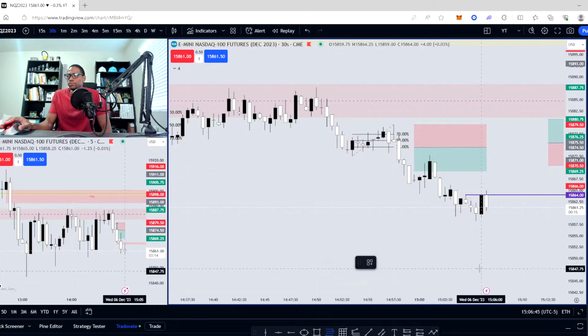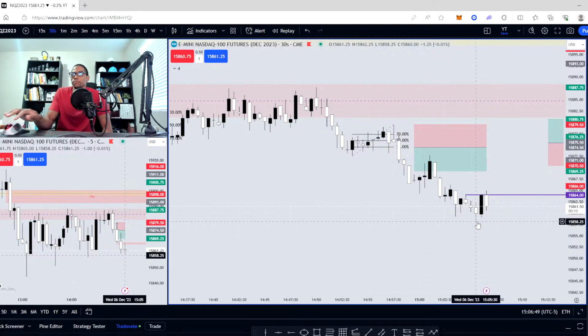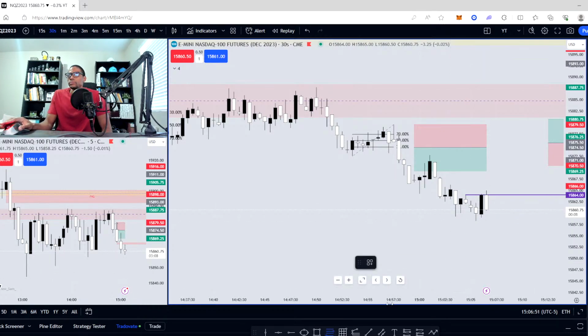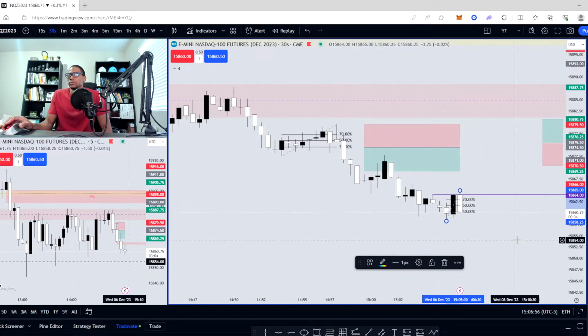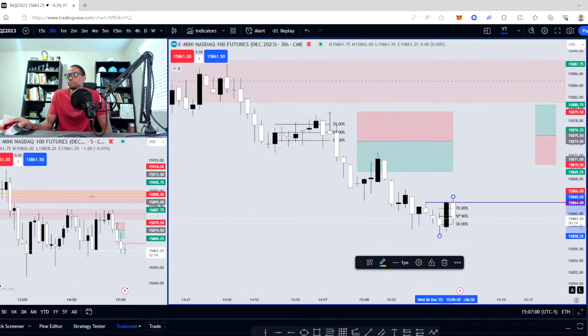Okay, we've had a high swept. Let's now see if lower lows is on the table.